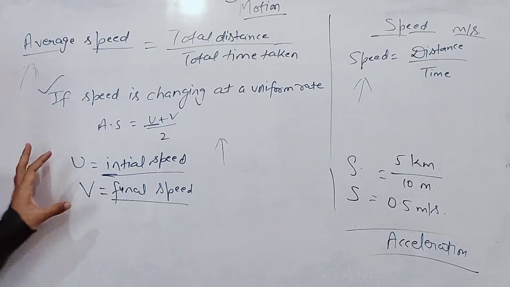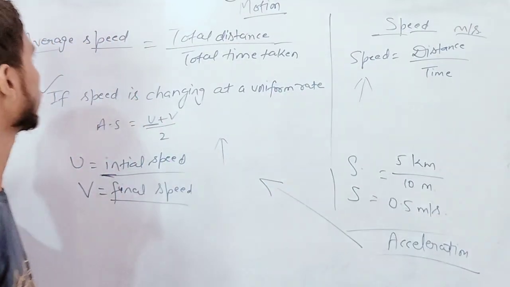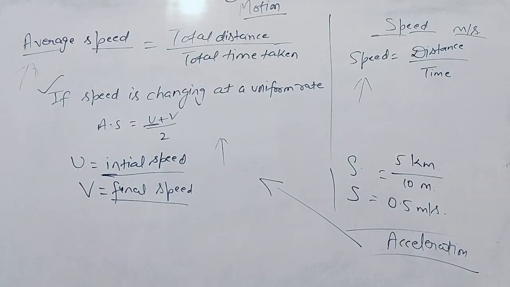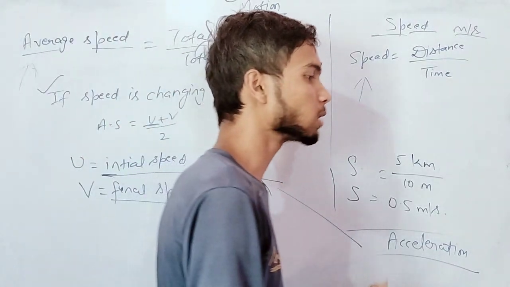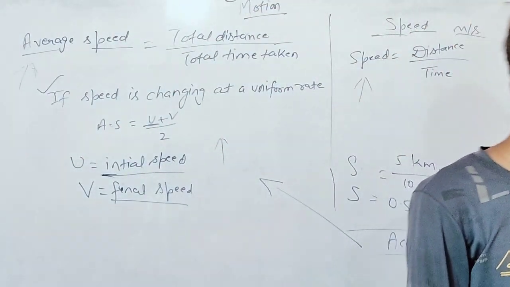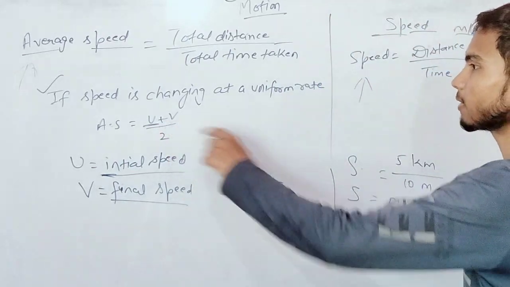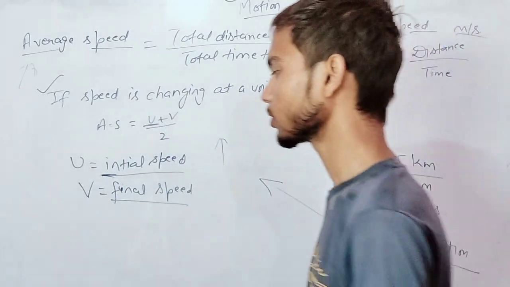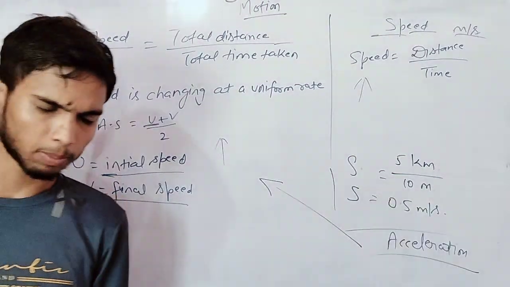Here the meaning of acceleration comes up in the discussion of understanding average speed. Here it is directly saying the speed is changing, which means it can increase or decrease. That's why we have taken u plus v. The initial speed can be one thing and the final speed can be something else.